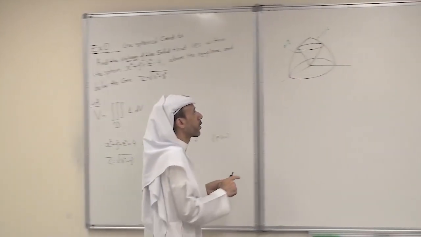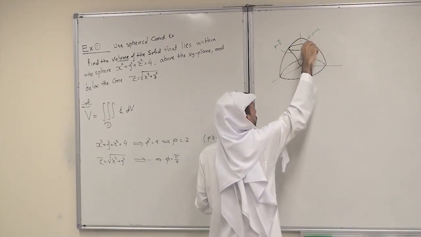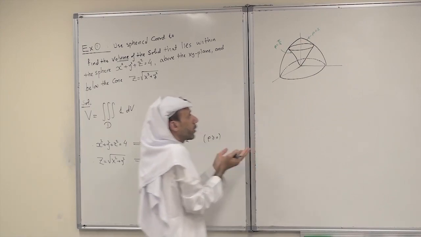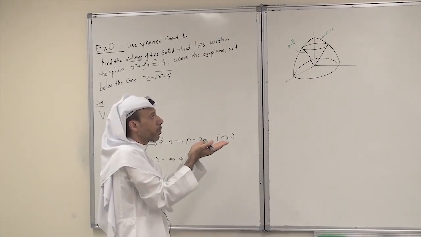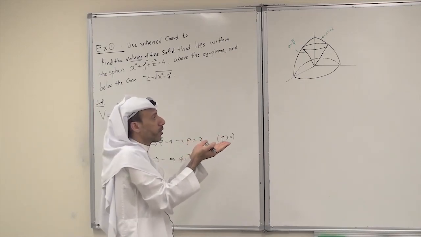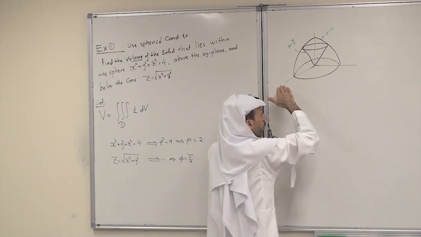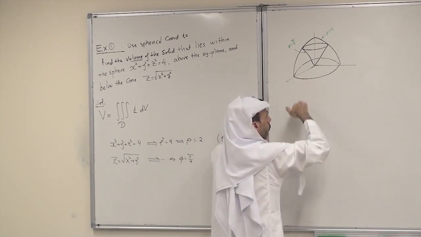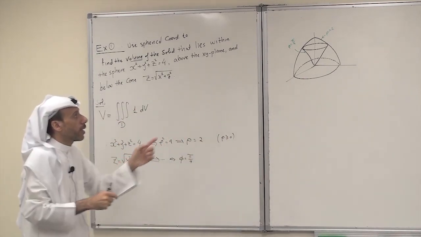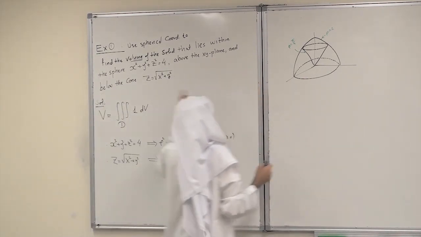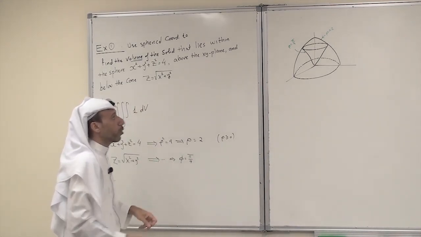So here I have a sphere of radius 2. The solid is above the xy plane, so it is enough to consider the upper part of the sphere. So I will take half the sphere, the half which is above the xy plane. And I have a cone which is z equals root x squared plus y squared, or phi equals pi over 4.